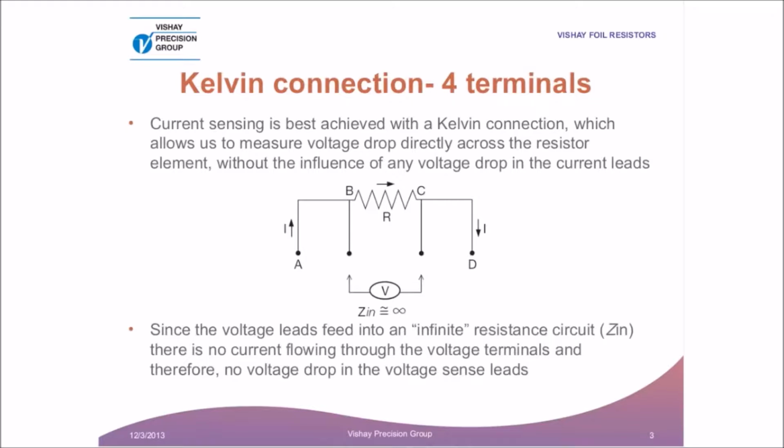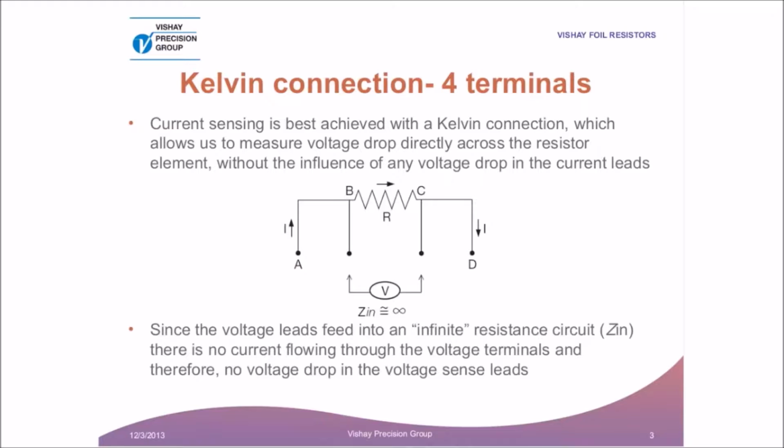Okay, so here we see the diagram of a Kelvin connected resistor, or resistor with 4-terminal Kelvin connection. And what we can see is that there are 4 connections, as the name implies. 2 terminals, called the current terminals, are used to conduct electrical current through the resistor, while the voltage drop V is measured across the other 2 terminals, called the sense or voltage drop terminals.